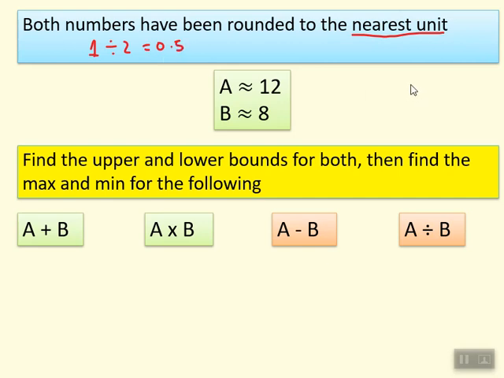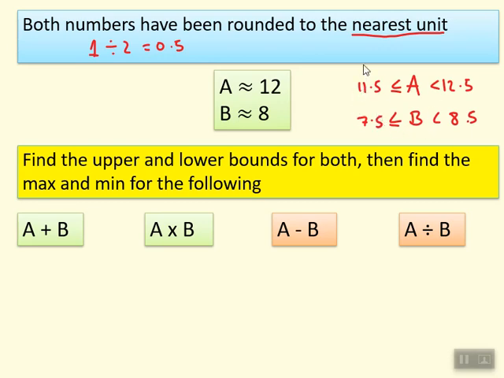So remember how that works. So A, its upper bound is 12.5 and its lower bound is 11.5. Okay, and then for B, it would be 8.5 and 7.5.